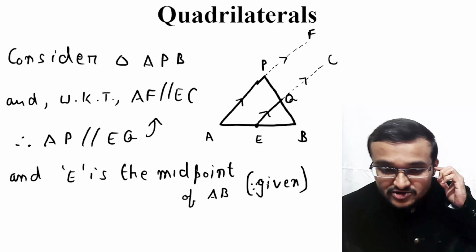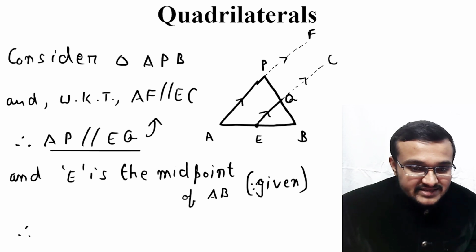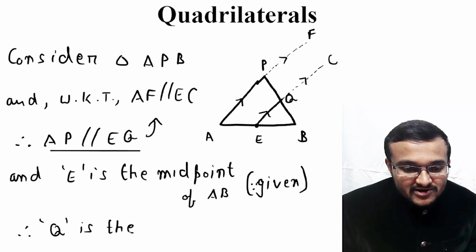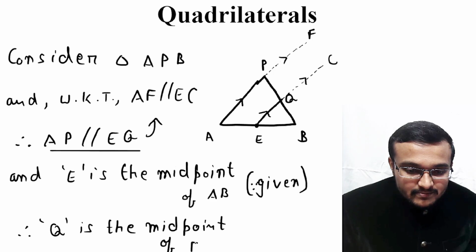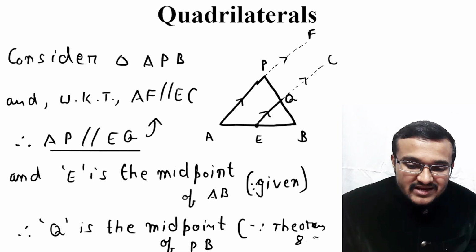So E is the midpoint of AB and AP is parallel to EQ. Therefore Q is the midpoint of PB. This is according to theorem 8.9, or you can write this as the converse of the midpoint theorem.